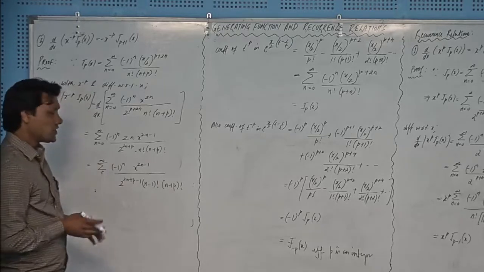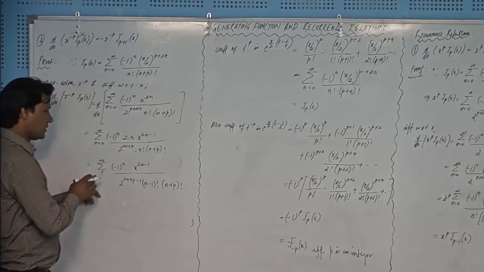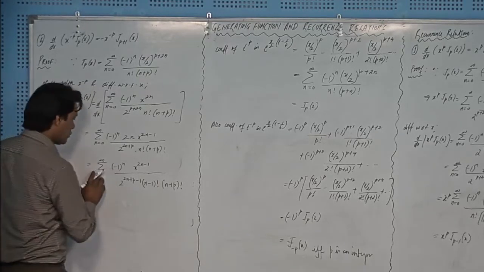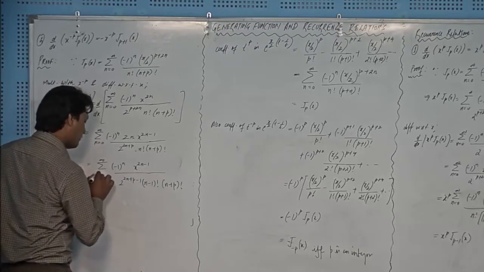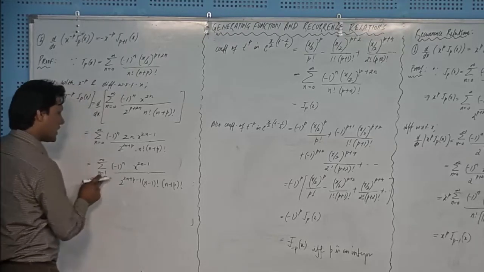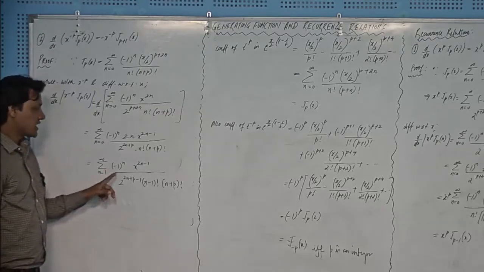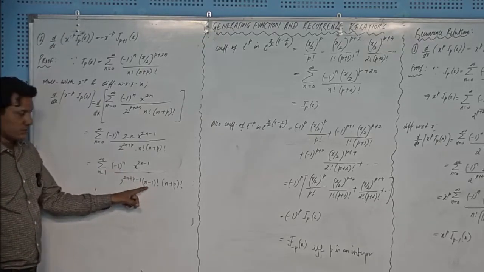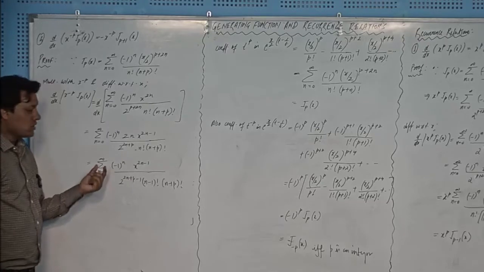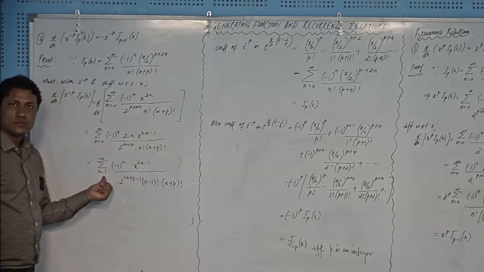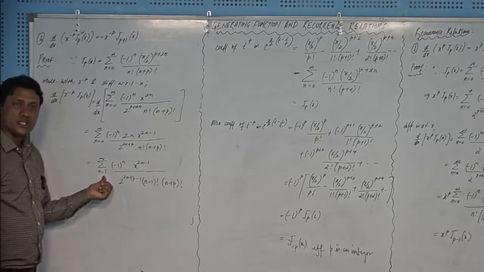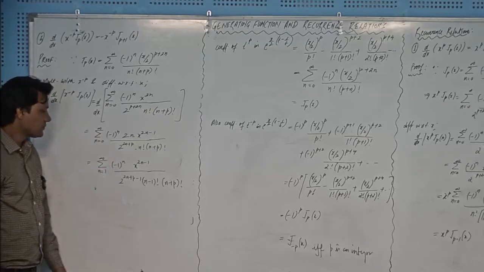So there is no harm actually in writing n equal to 0, but you should write n equal to 1, because that term will ultimately go to 0. This is an important point. When you cancel an index which is used for the range of summation, you have to change this range also, the lower range especially, because the upper range is infinity.